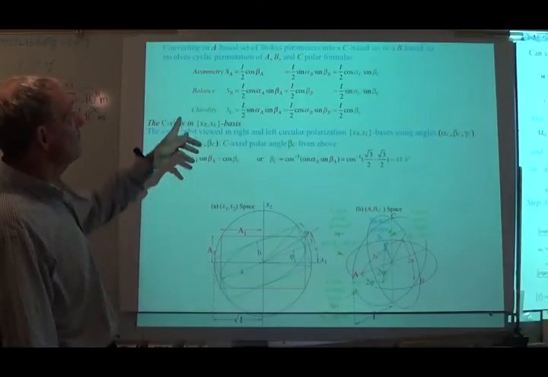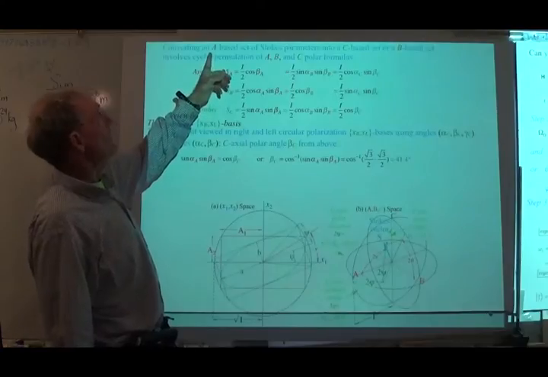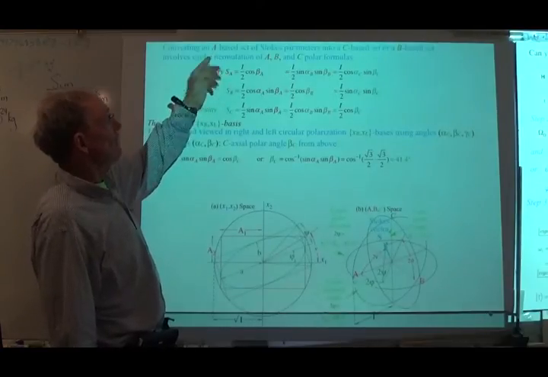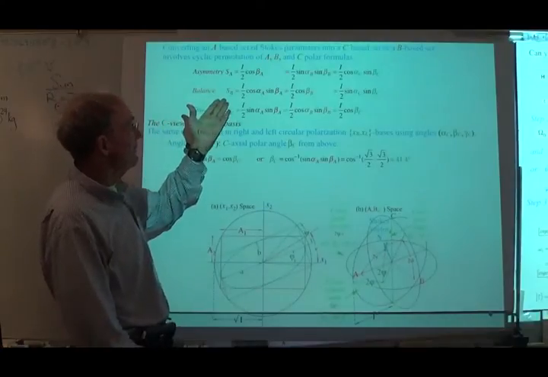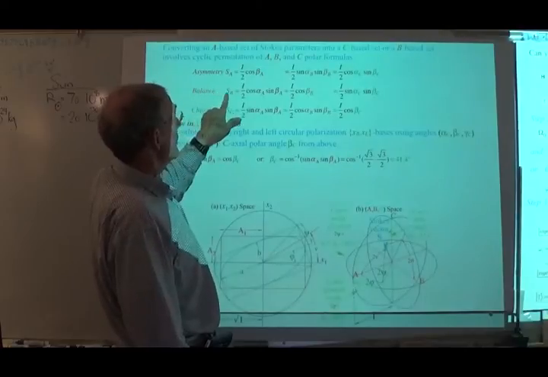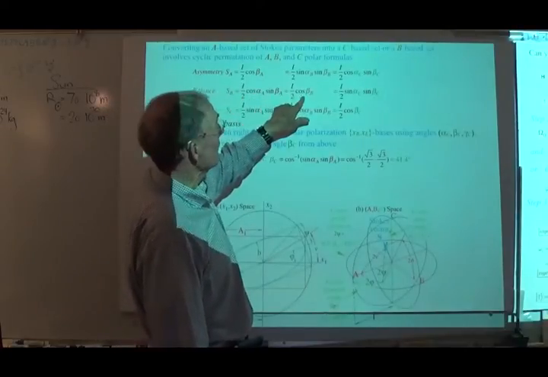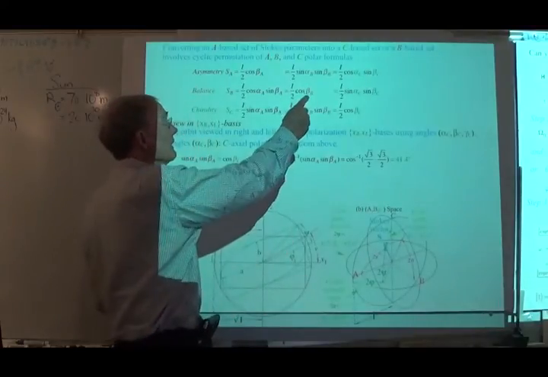Here's another thing you can do. If you've worked everything out in the A basis, and you want to go see what the B basis is, you just do a permutation, you see. I let my balance be defined by polar angles that work on the B axis.